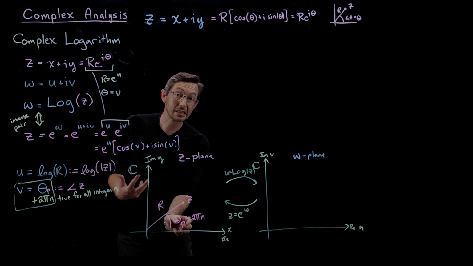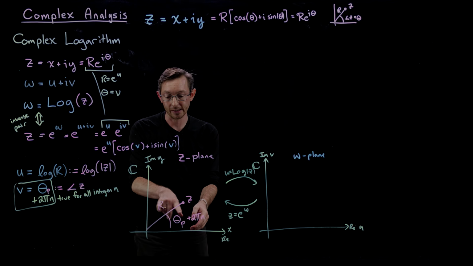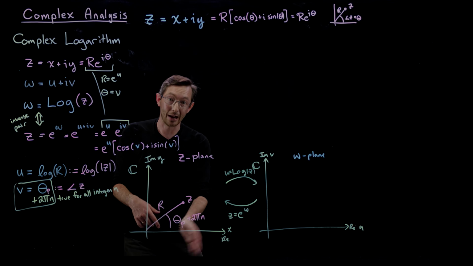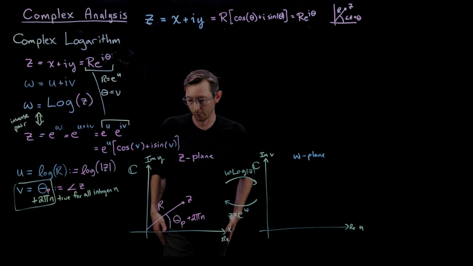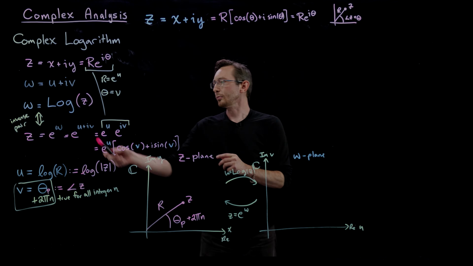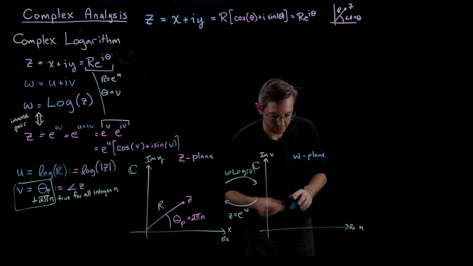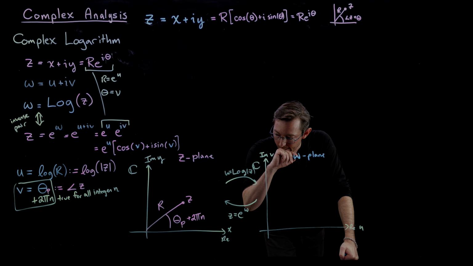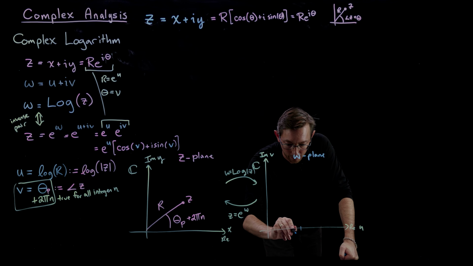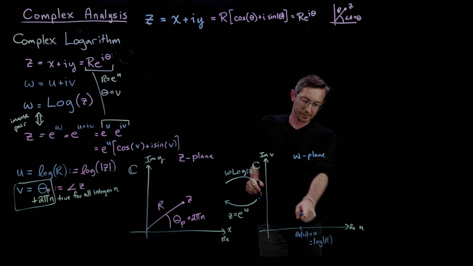The principal one is usually defined to be between 0 and 2 pi. So this is a number between 0 and 2 pi, and of course I can add 2 pi as many times as I like, and I get back to the same point. Now, for the complex logarithm, we know that the real part of w, the u part, equals log of my radius.